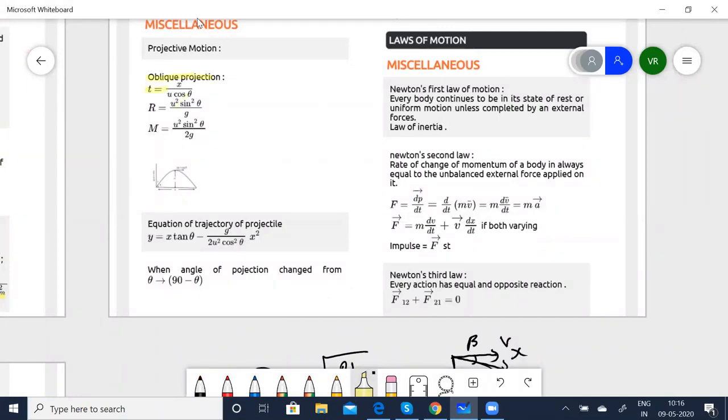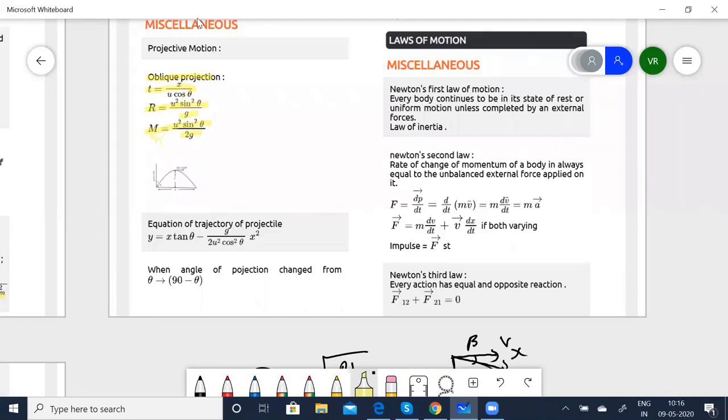T is equal to x by u cos theta, R is equal to u squared sin theta by g, and M is given by u squared sin squared theta by 2g. Now, as I said, T is the time of flight, R is the range, and M stands for the maximum height of the projectile.